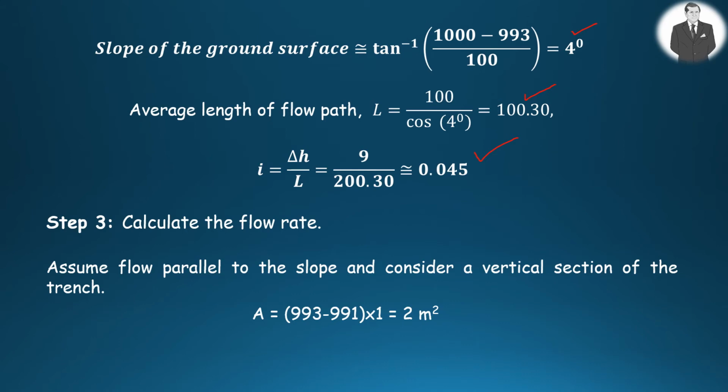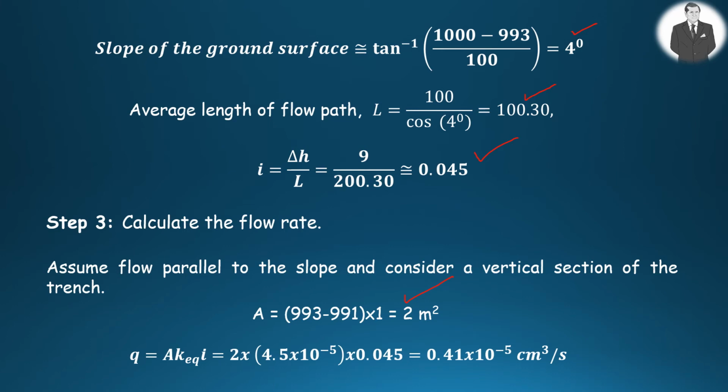The cross-sectional area in this case is equal to 2 square meters, and the rate of flow into the trench can be estimated by Darcy's approach, which is equal to 0.41 times 10 to the minus fifth power cubic centimeters per second. That's it.